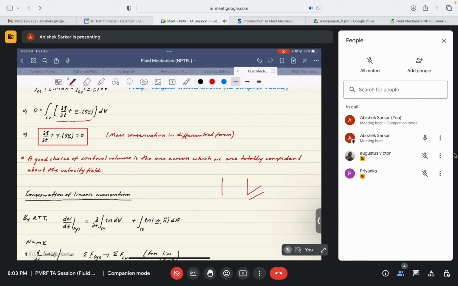If you recall your video lectures, this was the problem, where he has given the velocity profile here and here. He said it is uniform, and asked you to take the control volume in this form.